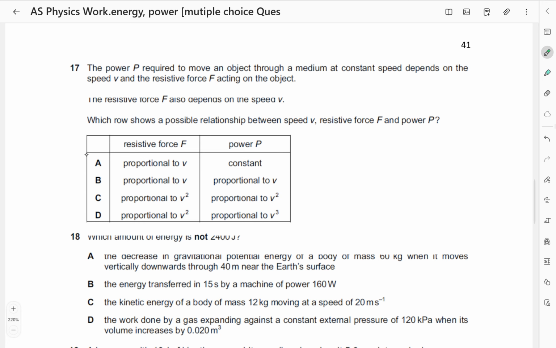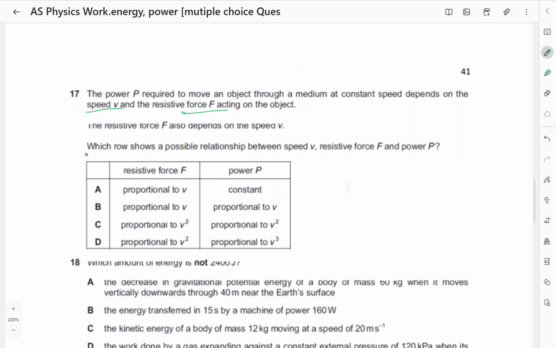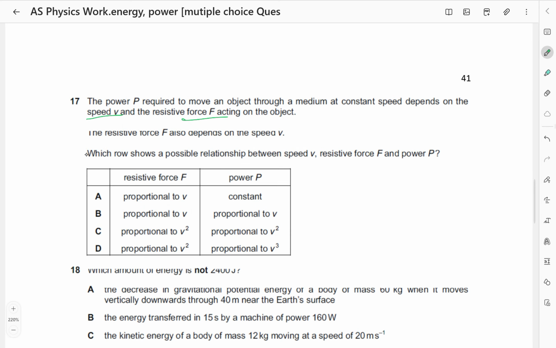The power P required to move an object through a medium at constant speed depends on the speed V and the resistive force F acting on the object. The resistive force also depends on the speed V. Which row shows a possible relationship between speed V, resistive force F, and power?